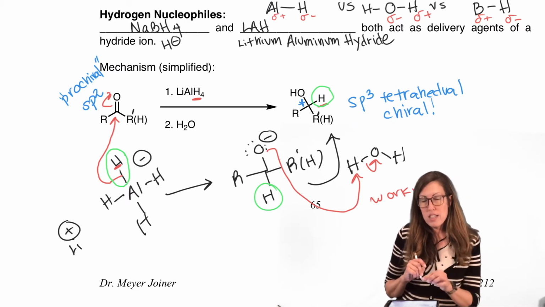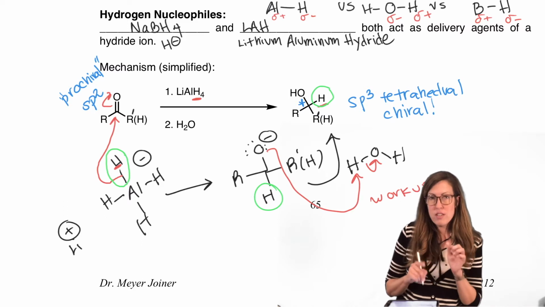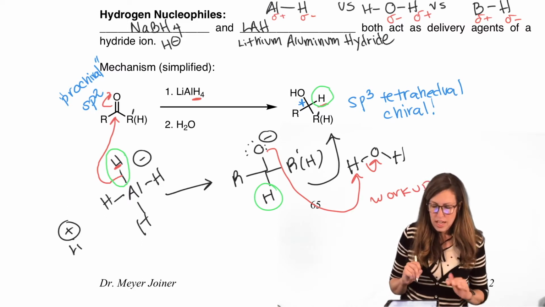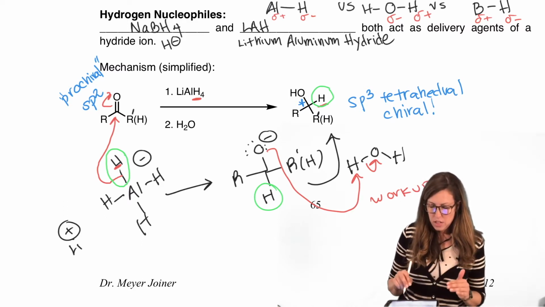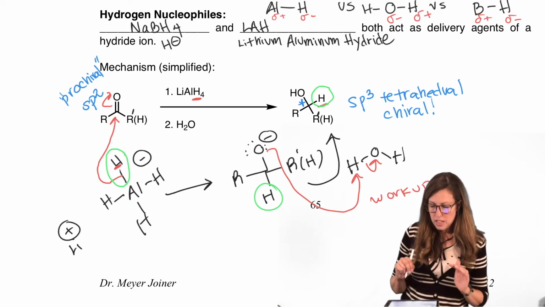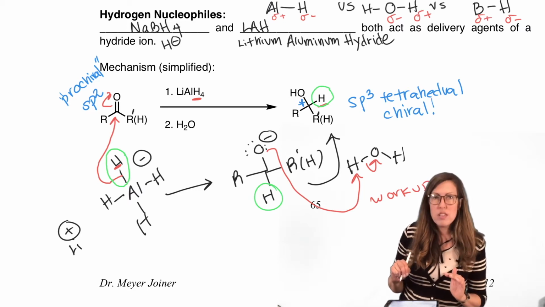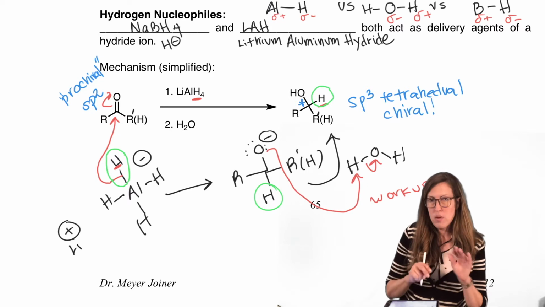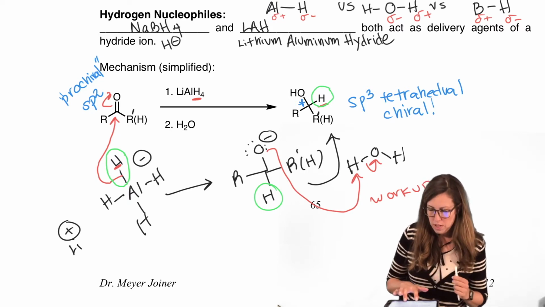But beware of the chiral centers, right? This was a template to get you started, but we're going to do some very specific examples so that we can get an idea of where we might have some possible pitfalls.